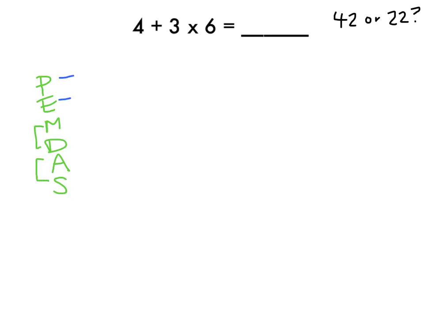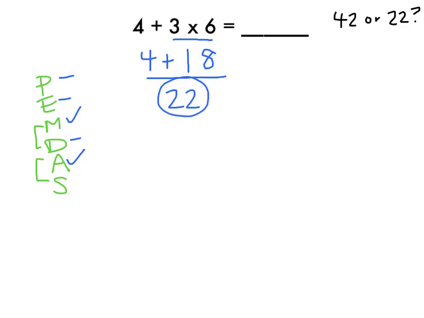But it tells us that multiplication or division, whichever comes first from left to right, should be next. And that means that we should solve 3 times 6 and get 18. And now when I copy the problem, I have 4 plus 18, and next would be adding, and 4 plus 18 is 22. So the correct answer to that original problem was 22, and that's because that's how you would need to solve when using order of operations.